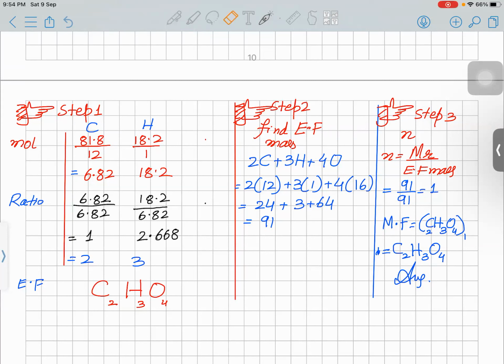Yes. Okay. 2.67. Now the question is, can we convert 2.67 into 3, or do we multiply by another number?